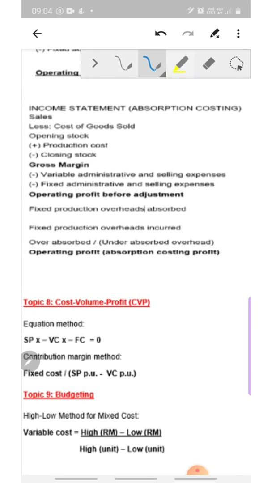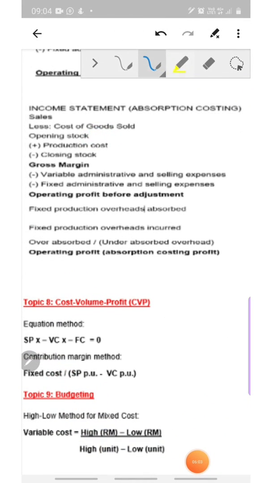Now let's take a look at absorption costing. Sales, same way: units sold times RM selling price. Opening stock for 2019, you will take from the closing stock of 2018.